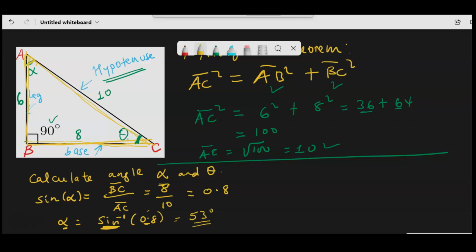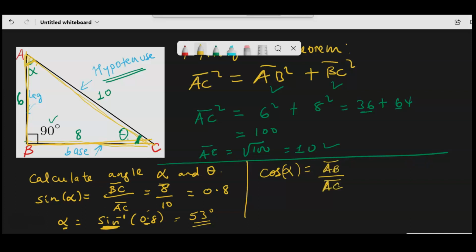We can also find the same angle 53 using the cosine function. Cosine of the same angle alpha means the adjacent side of this angle, which is AB, divided by the hypotenuse, which is AC.